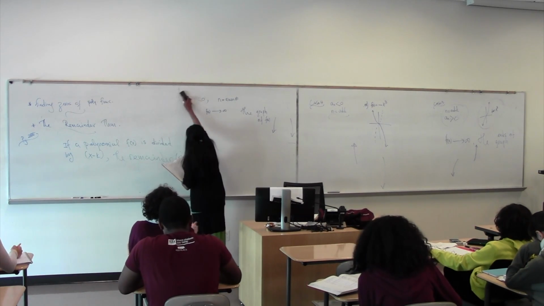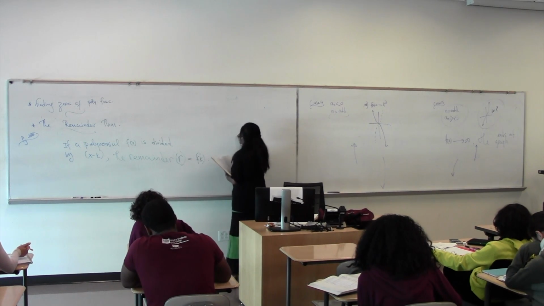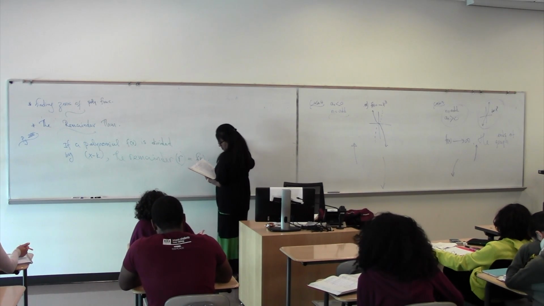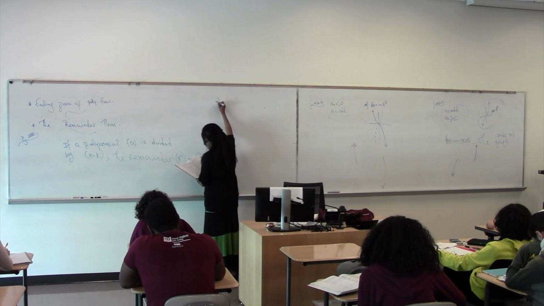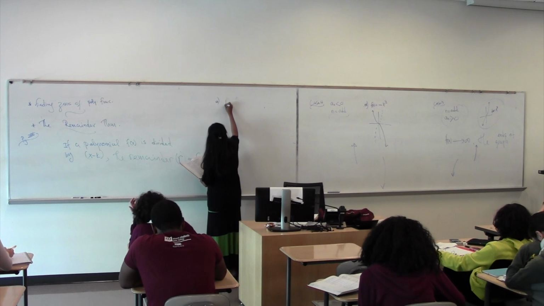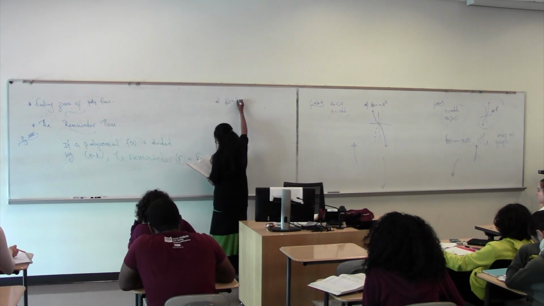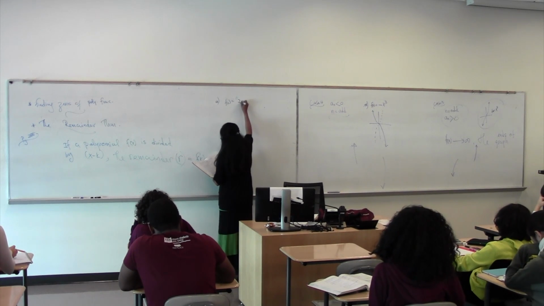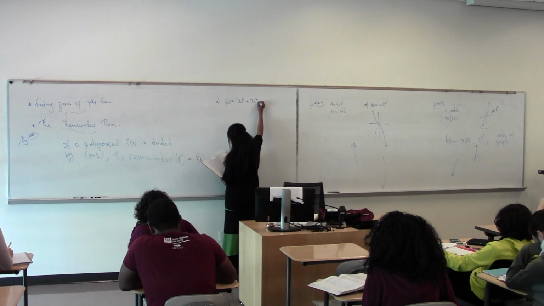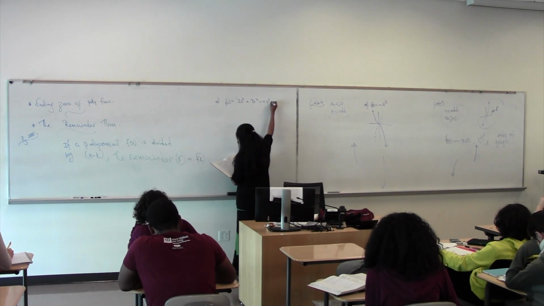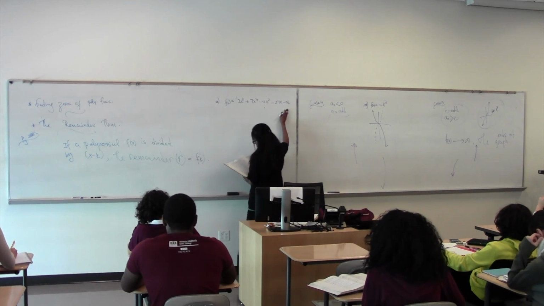So for an example, let's take this example. f of x is equal to 2x to the power 4 plus 7x to the power 3 minus 4x squared minus 27x minus 18.